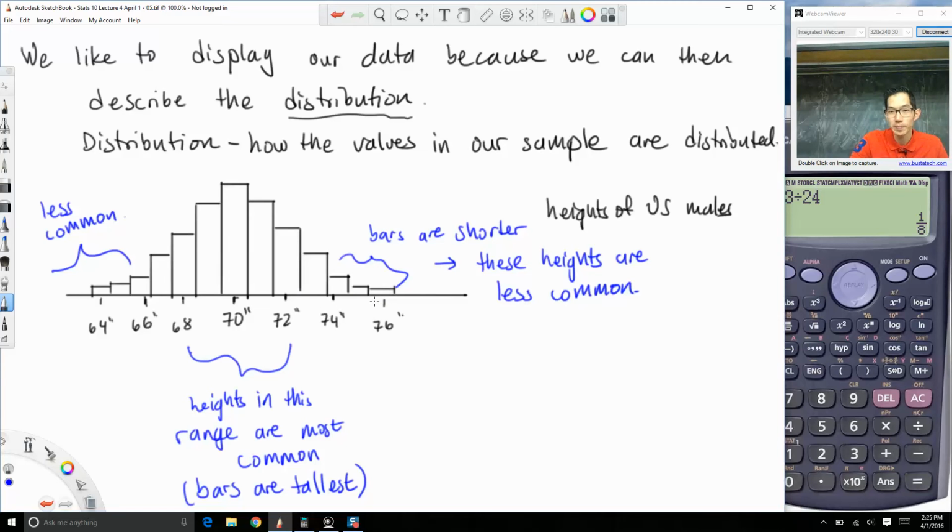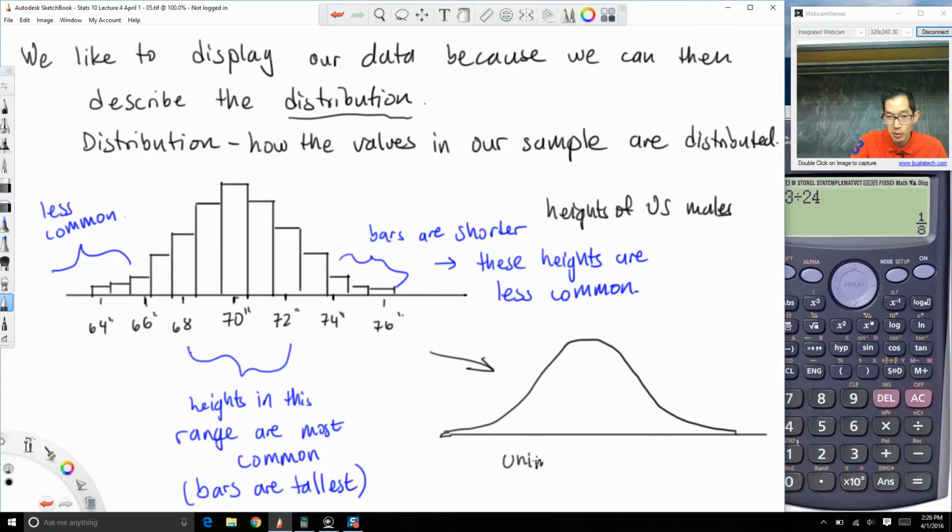Okay, and so we can summarize this with a curve. So we can create a curve that looks something like this, and this is kind of just a summary curve of this thing. And we might say this is unimodal and symmetric.